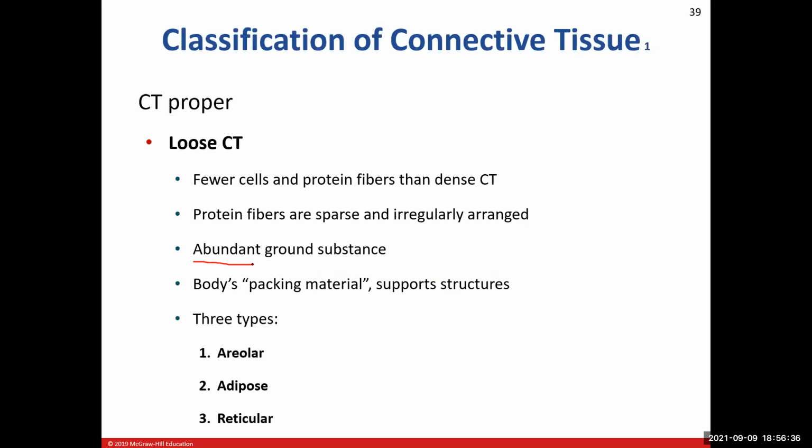So remember, there's three components, mind you, to connective tissue. The first are going to be cells. The second, protein fibers. And the third is going to be ground substance.